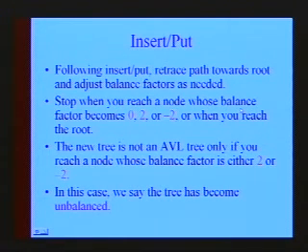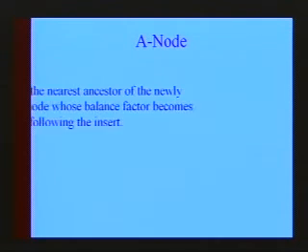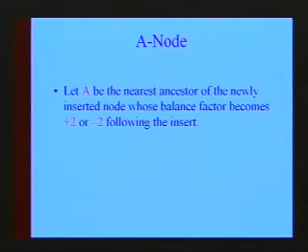If you do have a node whose balance factor becomes +2 or -2, we'll say the tree is unbalanced. We define the notion of an A node. It's the white node that we had in that example: the nearest ancestor of the newly inserted node whose balance factor becomes +2 or -2.